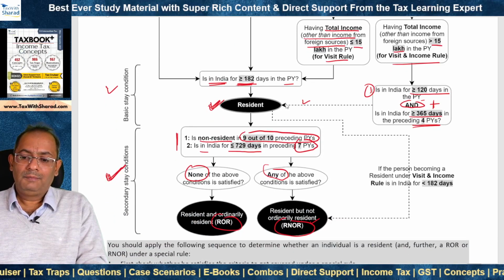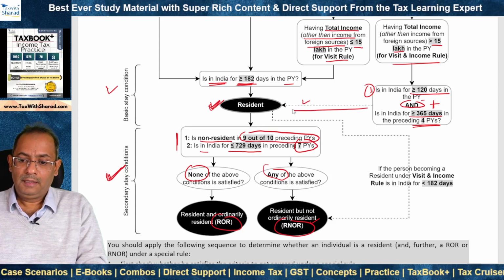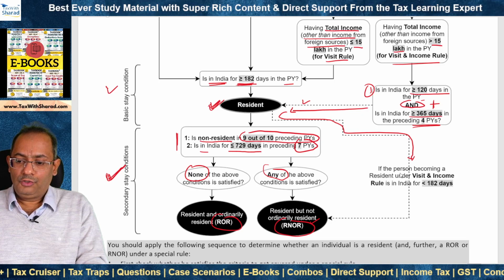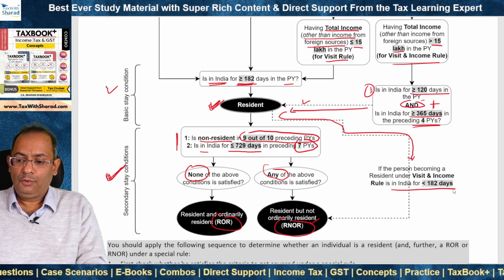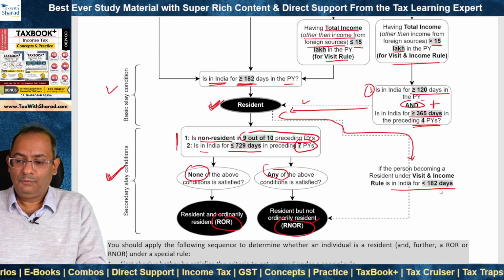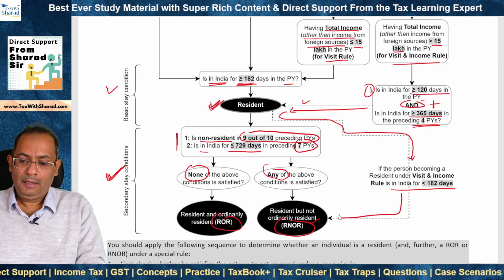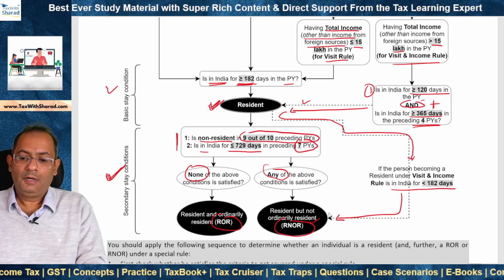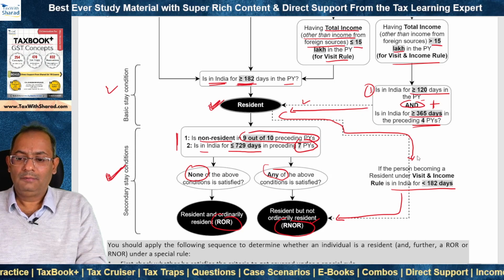If the person becomes a resident under the visit and income rule, then we need to check whether the person is in India for less than 182 days. If the person is in India for less than 182 days, then the person automatically becomes a RNOR. So the concept of ROR is not relevant when a person is becoming a resident under the visit and income rule.